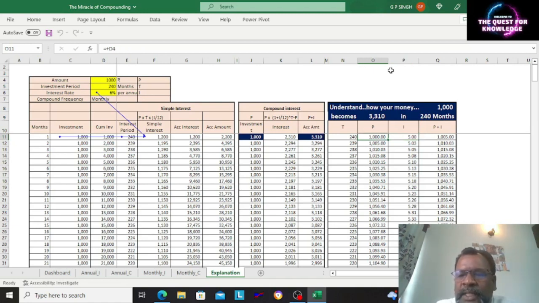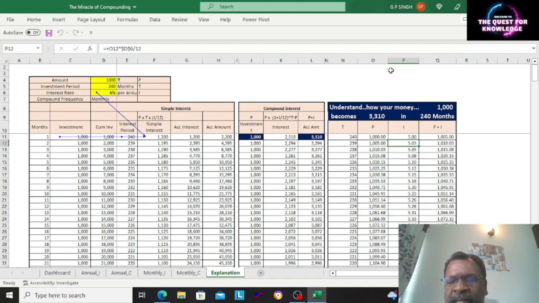Okay, so in the first month, on 1,000 rupees, we earn an interest of 5 rupees, and our accumulated amount including interest becomes 1,005 rupees. So when we go to the next month, the interest will be calculated on 1,005 rupees, which is 1,000 plus 5, and the interest will become 5.03.